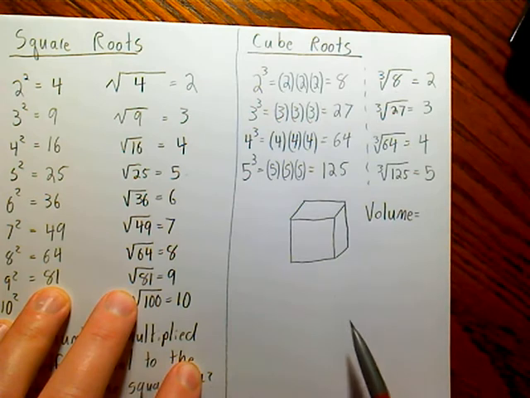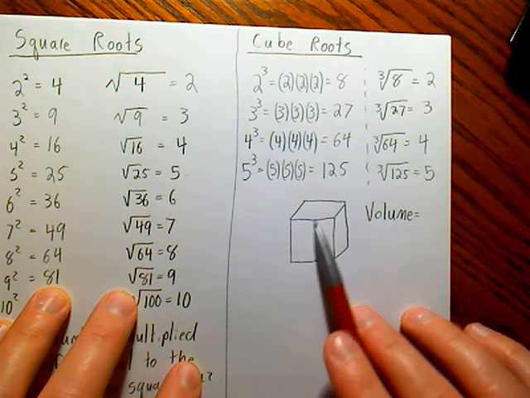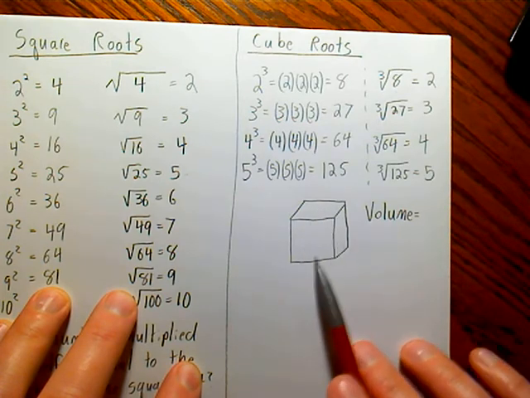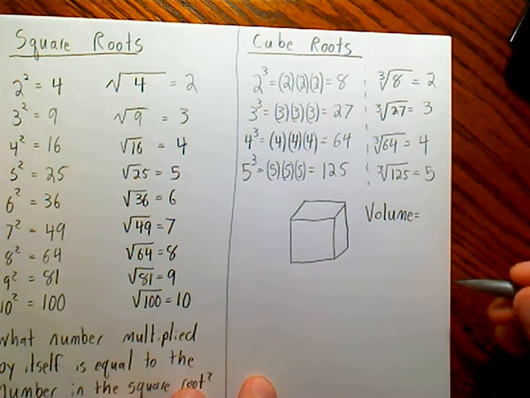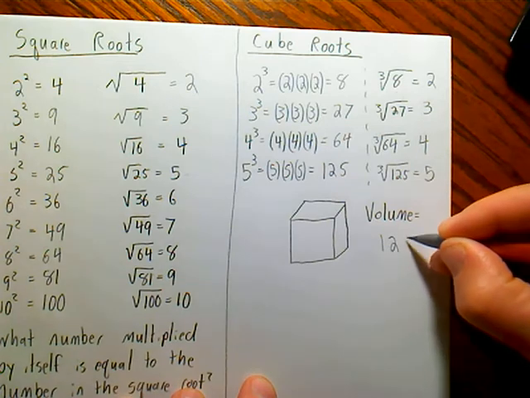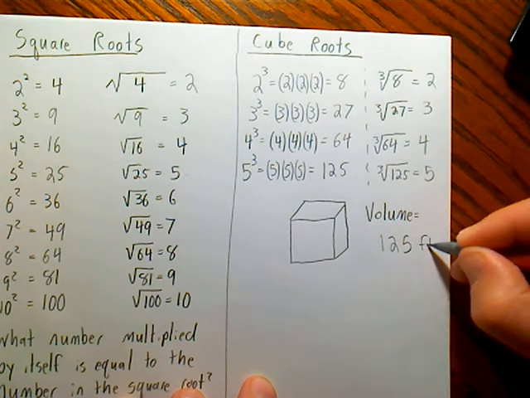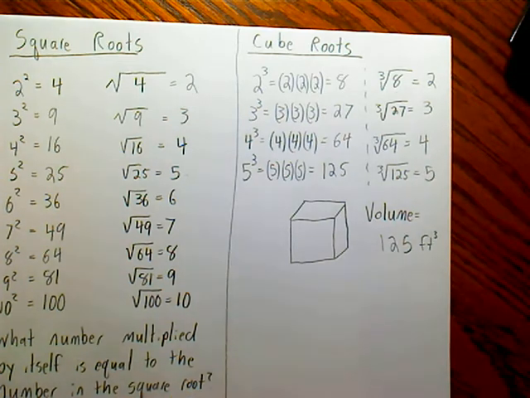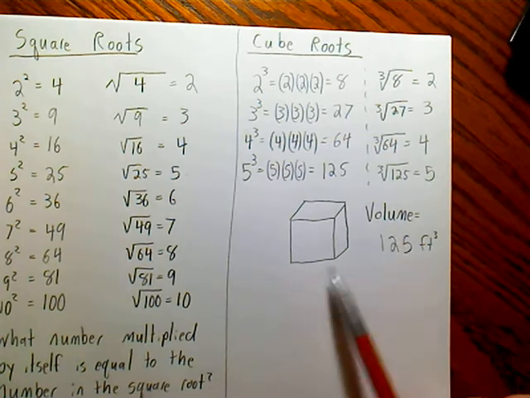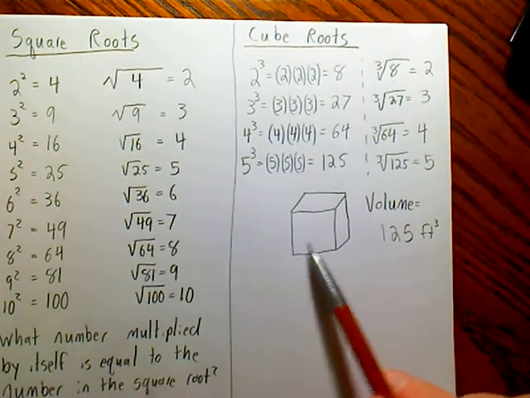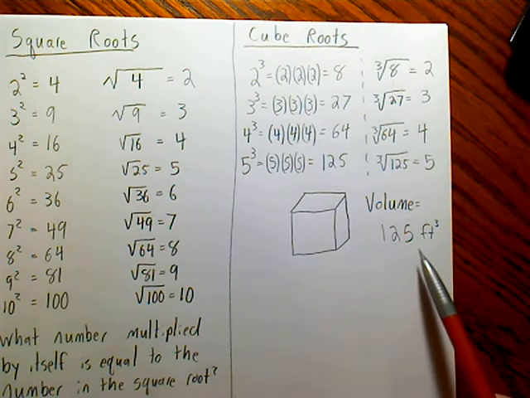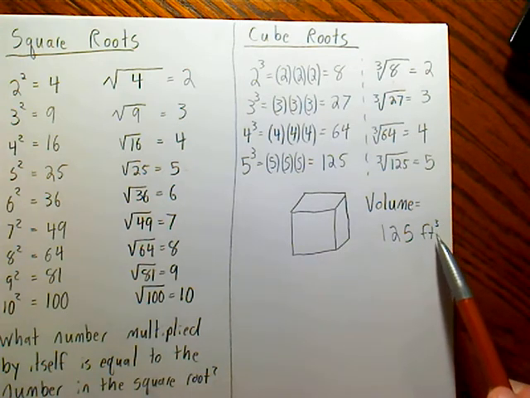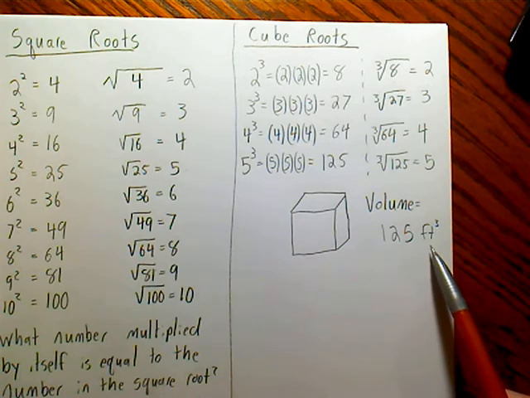And volume is basically the space inside this whole cube. And it is written as, let's say, 125 feet cubed, or cubic feet. So we know that the volume of this particular cube, the amount of space inside this cube, is 125 feet cubed, or 125 cubic feet.